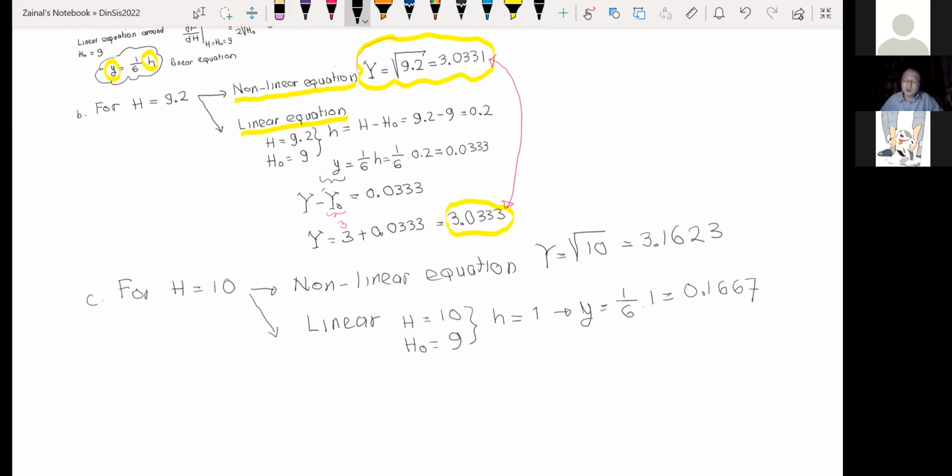Okay, so Y is equal to Y0 plus the change in Y, which is the same with 3 plus 0.1667. And what you have is 3.1667. Please compare this one and this one.